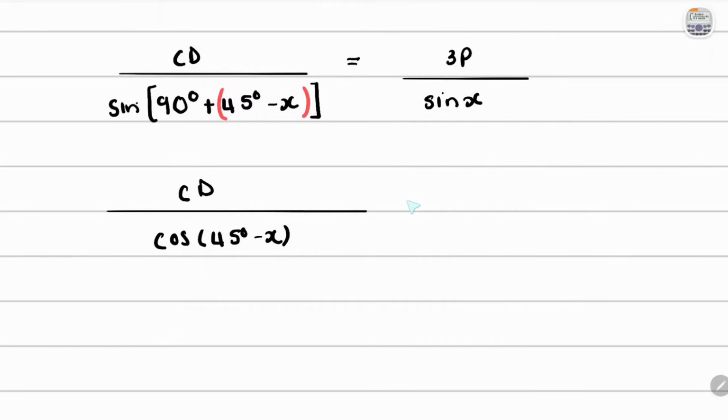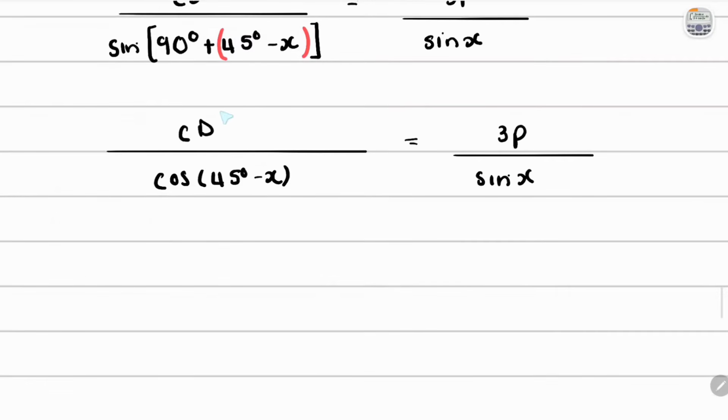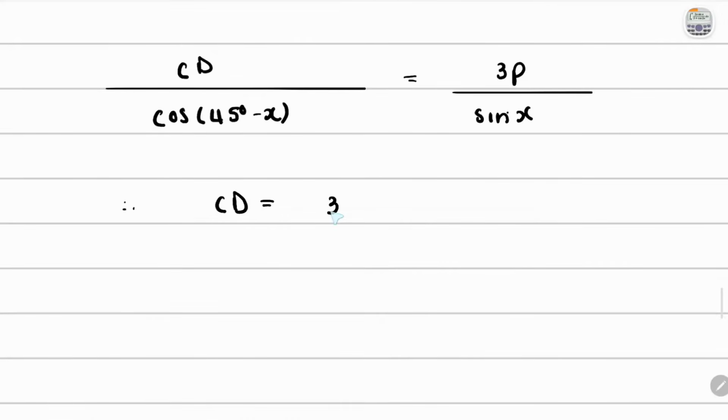At this point, we can focus on getting CD on its own. We still have sine x here, and to get CD on its own, we multiply both hand sides by cos 45 degrees minus x. So CD is equal to 3p, and that got multiplied, so it moves to the numerator: cos 45 degrees minus x all over sine x.